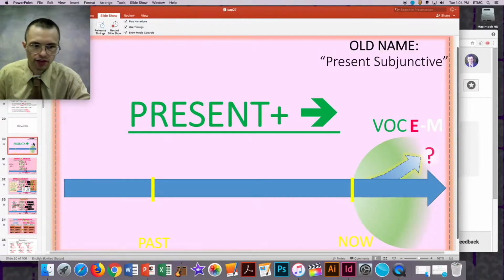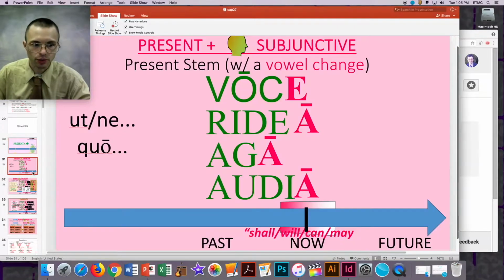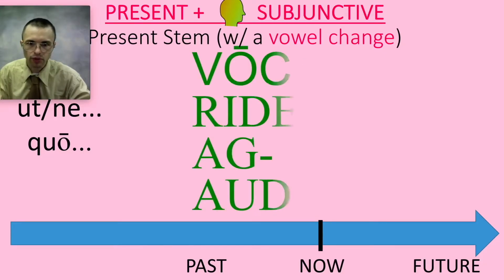And so our first tense is going to be the present looking forward or prospective subjunctive tense. The old name for this was the present subjunctive, but I use different names because I think it's more descriptive and more appropriate to what they're actually doing. So the way you do this is you take the present stem and you make a vowel change.